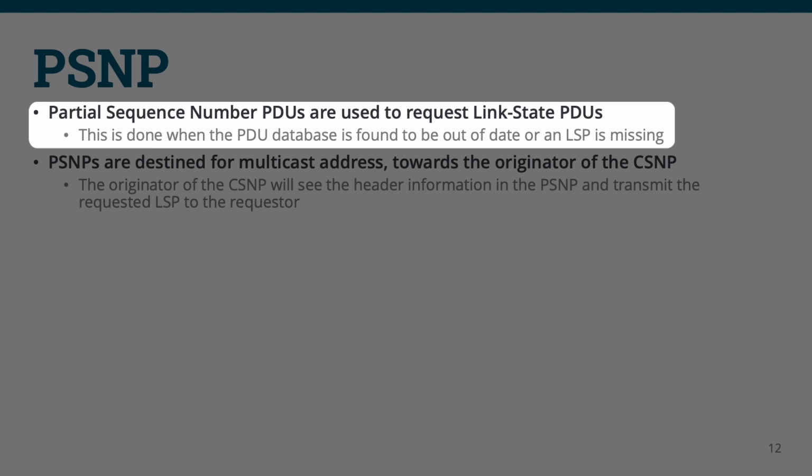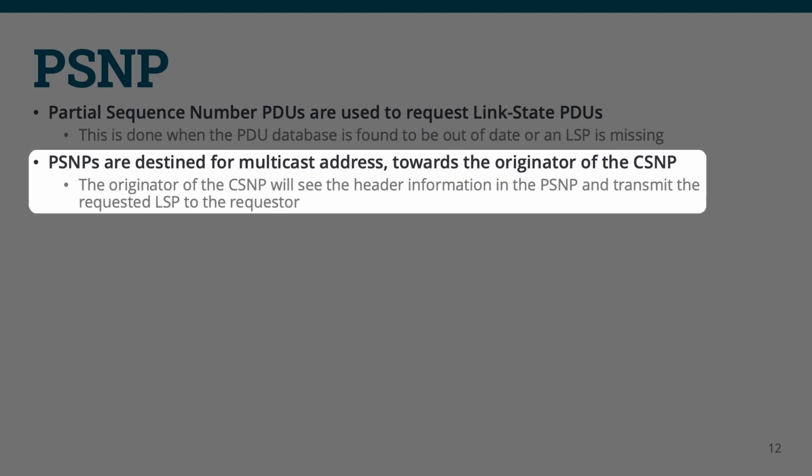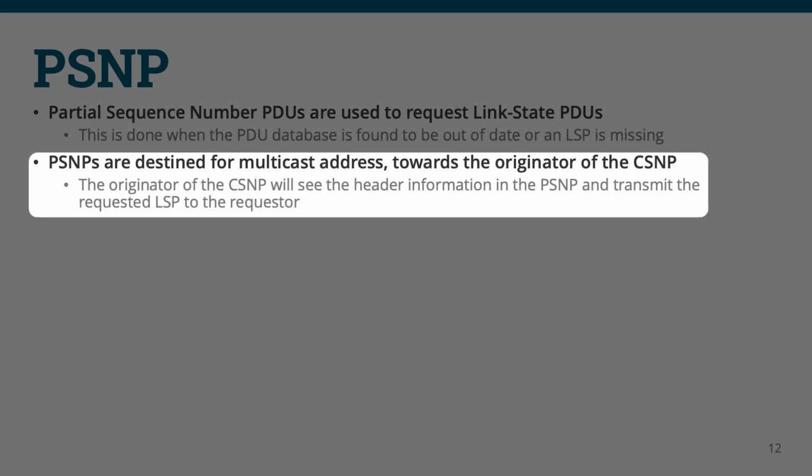If the IS finds that there are LSP IDs listed in the CSNP which are not present in the LSDB, then it will use PSNPs to request those LSPs from the neighboring router. PSNPs are multicasted at layer 2 towards the originator of the CSNP that the local router found had LSP IDs which were not contained in its own LSDB.